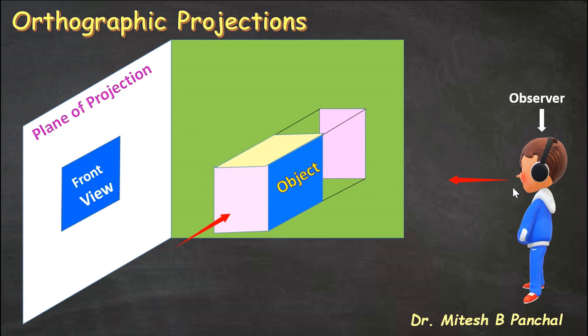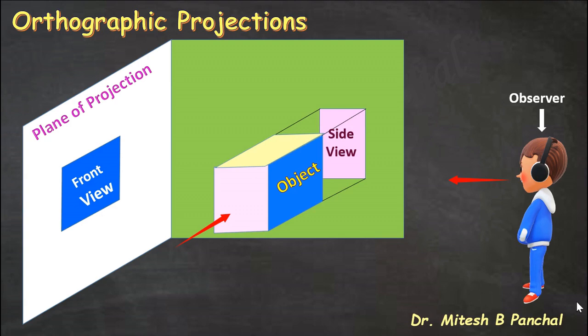As for the front view, the direction is this, means you are viewing the object from this particular direction. Then when you are viewing the object from the left hand side, the projection obtained on this plane of projection is the side view of the object.